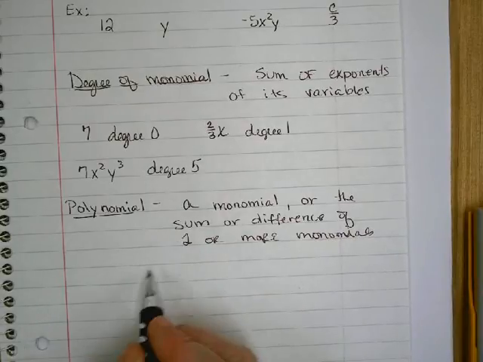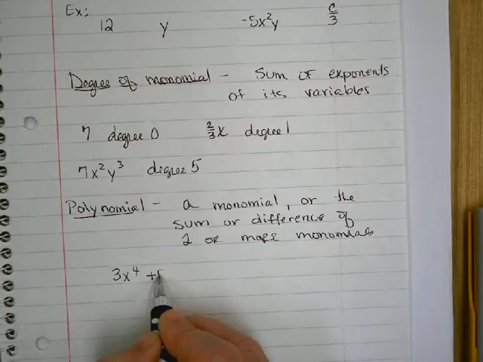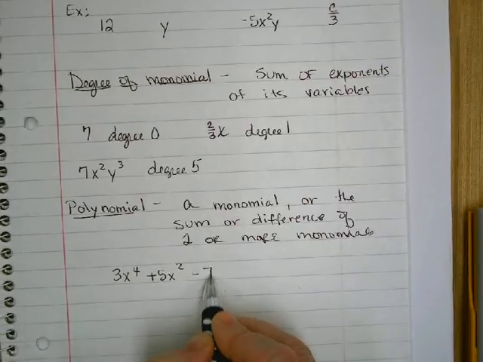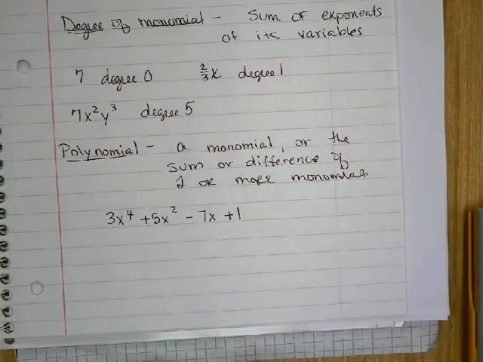For example, 3x to the 4th plus 5x squared minus 7x plus 1 is a polynomial.